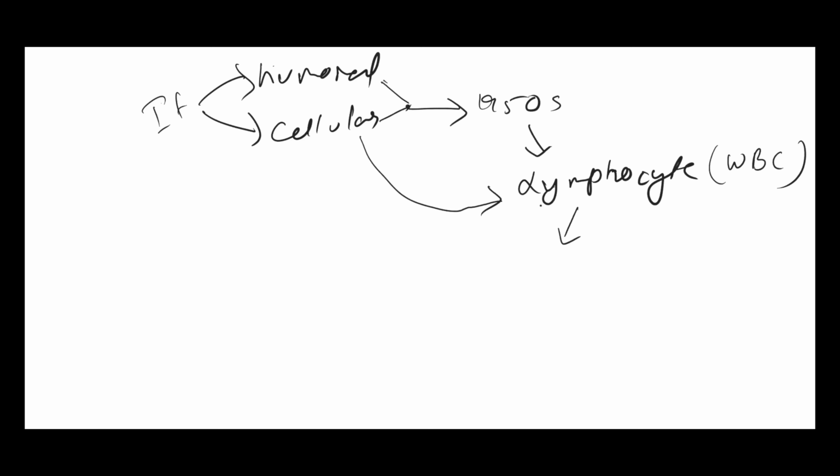Later on they discovered that there are two more types of lymphocyte. One is T lymphocyte and another is B lymphocyte.